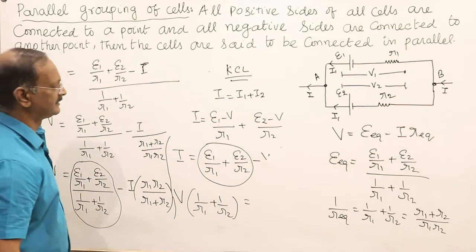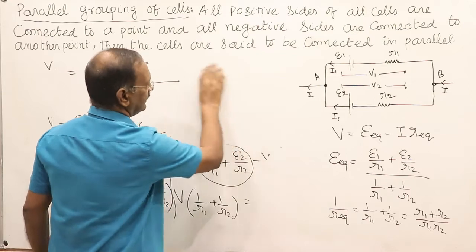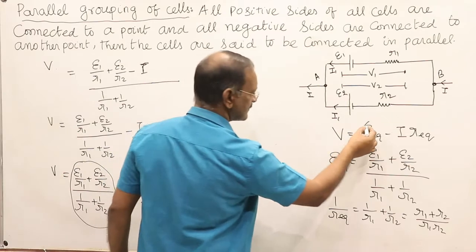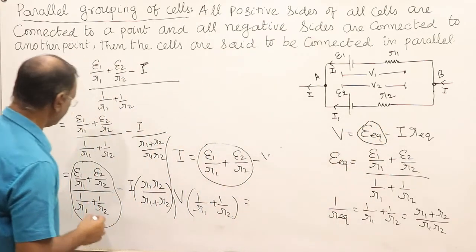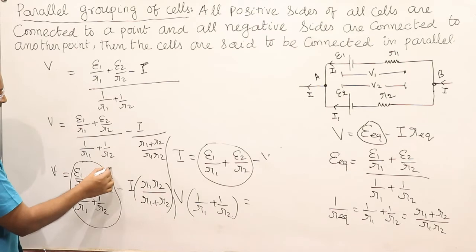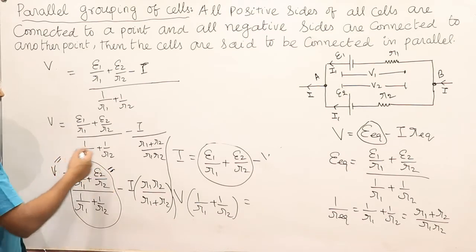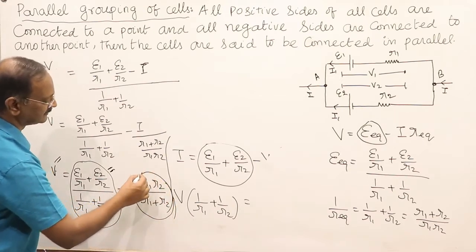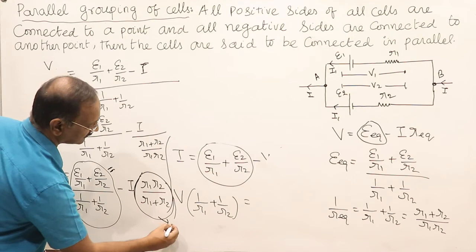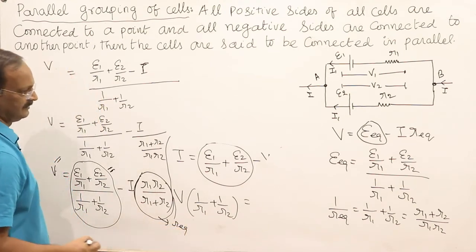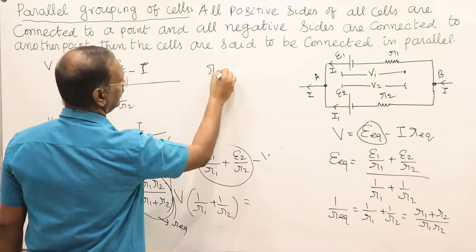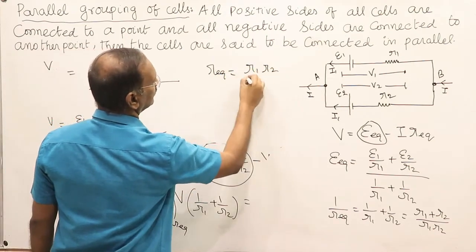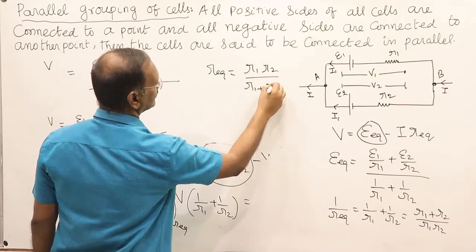We got this equation. Comparing, this V is equal to that V, this is E equivalent, and this portion is R equivalent. Therefore R equivalent is equal to R1 R2 divided by R1 plus R2.